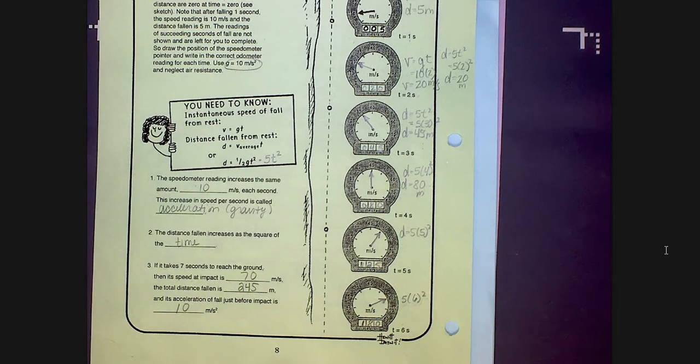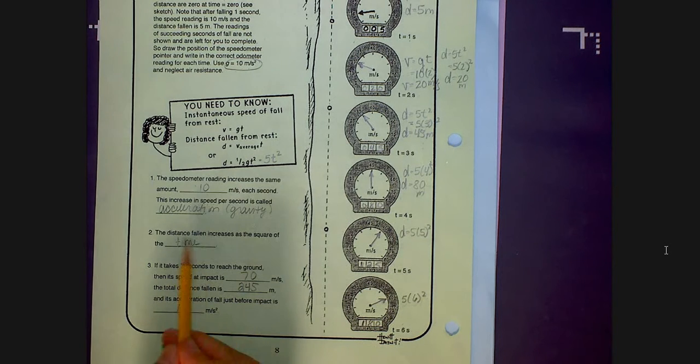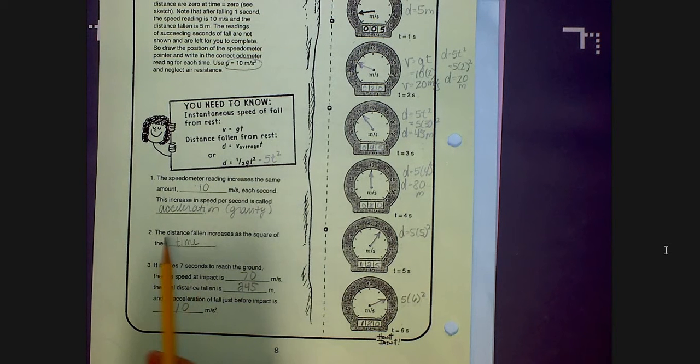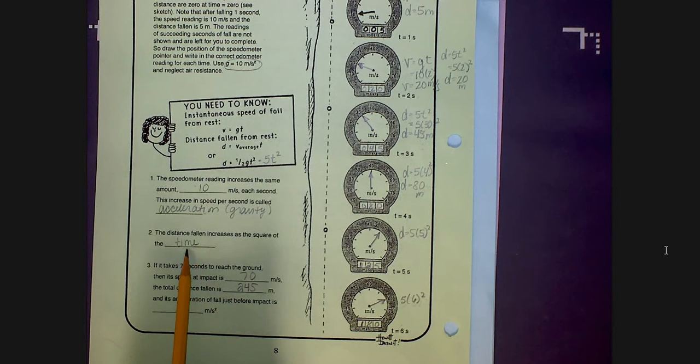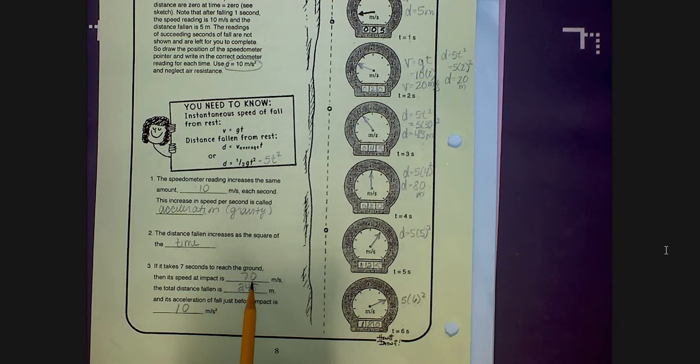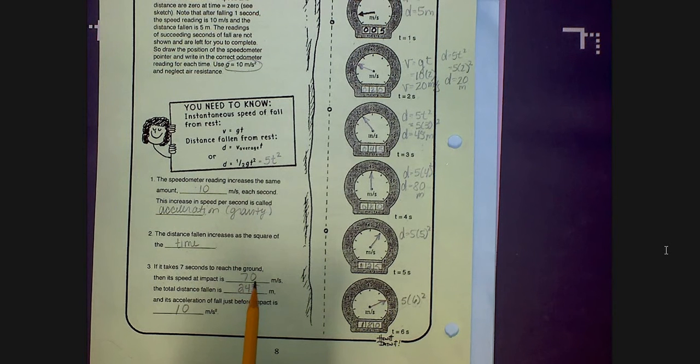Now, finishing up this part of the page, we can say the distance fallen increases as the square of the time. And then if it takes 7 seconds to reach the ground, then its speed at impact will be, well, we know that speed is acceleration times time, so 7 times 10 is 70 meters per second.